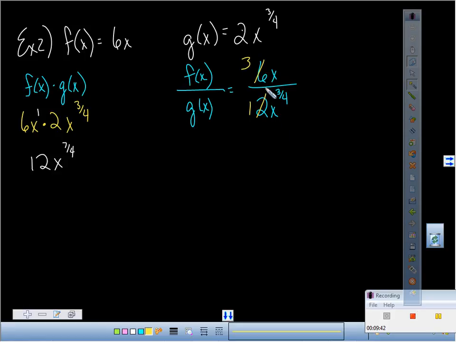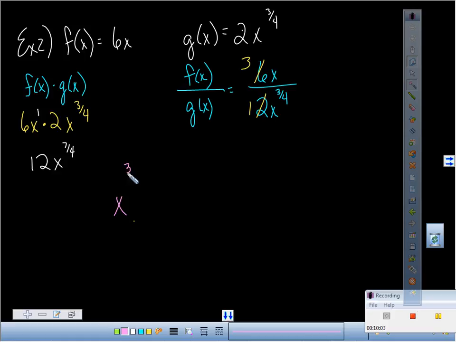Okay, so Spencer looks at this and he goes, man, there's an x on top and an x on bottom. I probably need to reduce those things, right? Do you always need to reduce them? Okay? What if it had this? Pretend. It's a whole different problem. It's in pink. We're pretending.